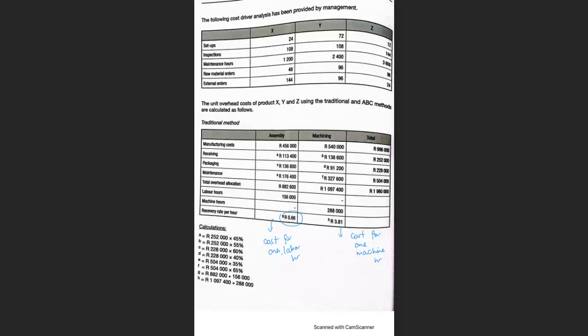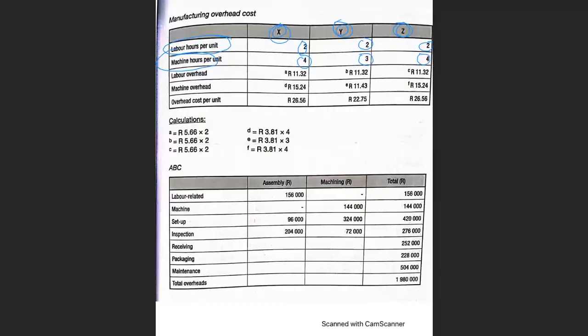And now we calculated that for 1 labor hour, it's 5 Rand 66. So we're going to say here that if it costs 5 Rand 66 for 1 hour and we need 2 hours, then 5 Rand 66 times 2 gives us the labor overhead cost here.